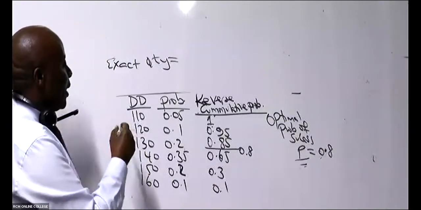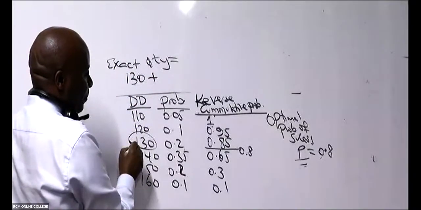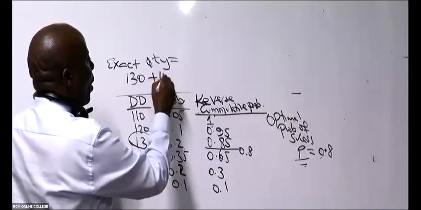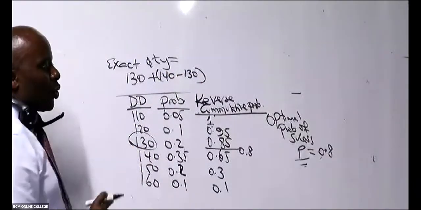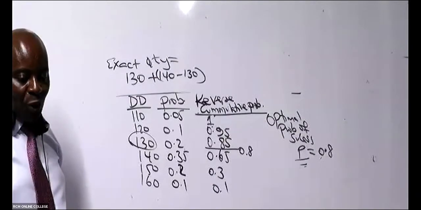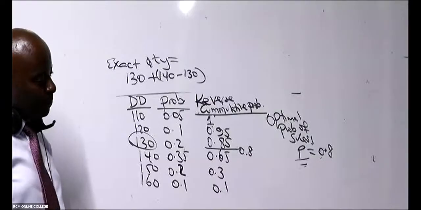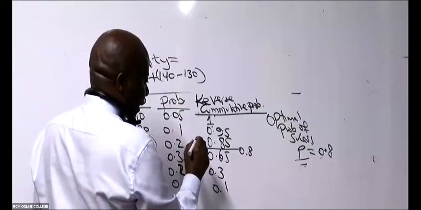So the exact quantity will be 130, you start with the smaller one, plus 140 minus 130. This difference is what we are interpolating.